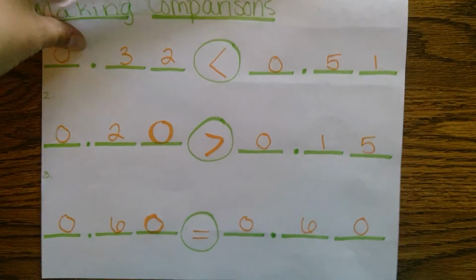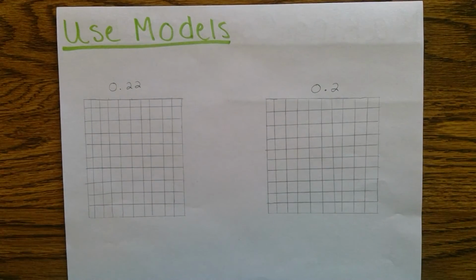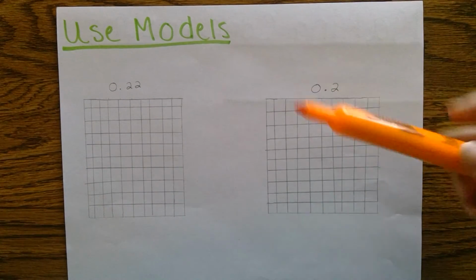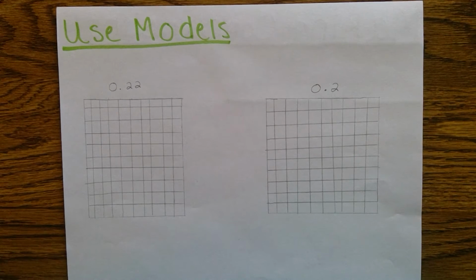Now, a way that I like to also do these types of problems is to use models. Now, these are both models that have 100 parts to them because oftentimes it's easier if both the decimals are not in tenths and one of them is in hundredths, it's easier to just do everything out of 100. So in our first one, we have 0.22 or 22 hundredths.